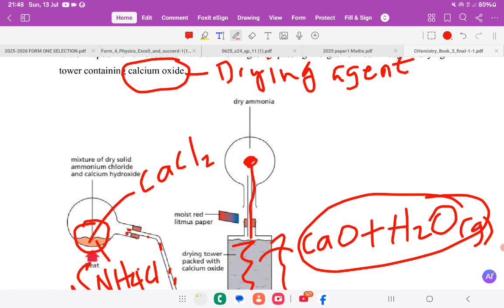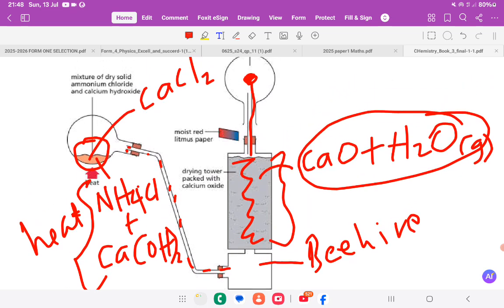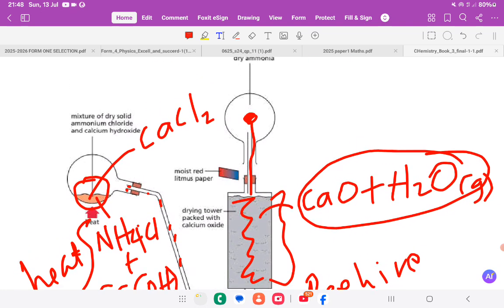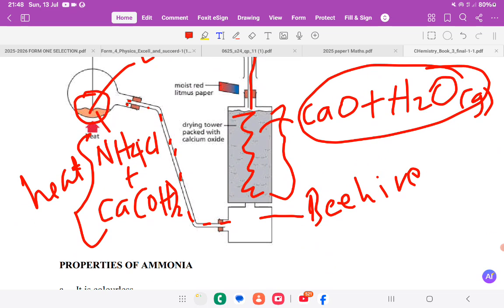So that's in short how ammonia can be made, or prepared. Mind you, this is just a laboratory setup. It's not an industrial setup. We're going to look at the industrial process in which ammonia is made by reacting hydrogen gas and nitrogen gas.